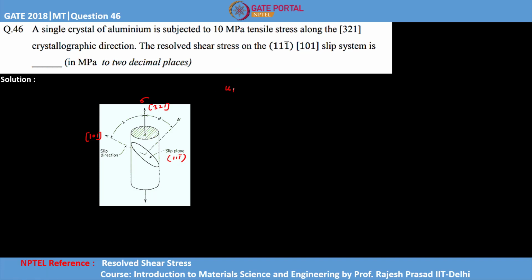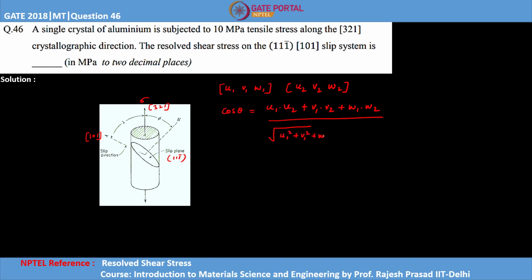Say there are two directions, u1 v1 w1 and u2 v2 w2. Then cos theta is given by the dot product, u1 u2 plus v1 v2 plus w1 w2, upon the square root of u1 square plus v1 square plus w1 square, times the square root of u2 square plus v2 square plus w2 square. This is how the angle between two directions is calculated.